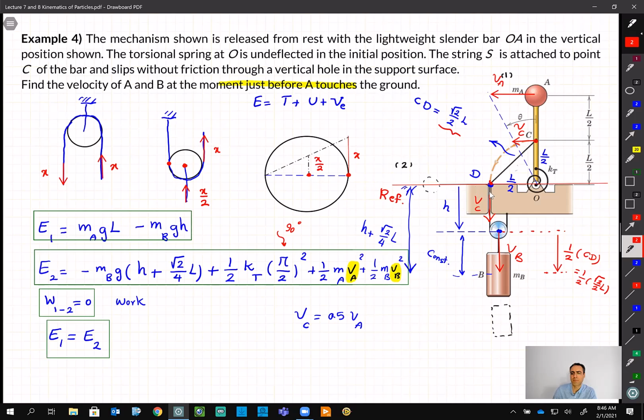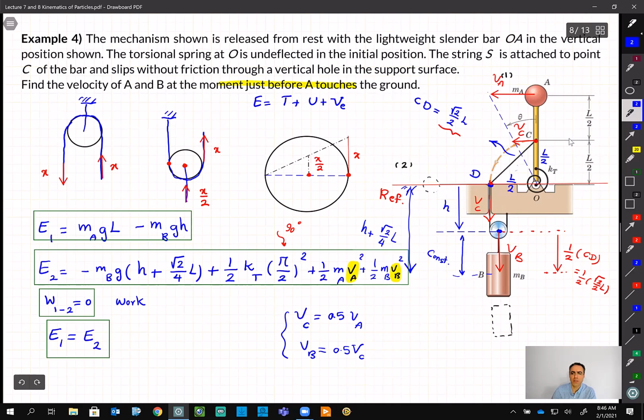Whatever the speed of this point is, this is going to be half of that speed. So can I then write down that VB is half of VC? Let's take a look and make sure that this is right.